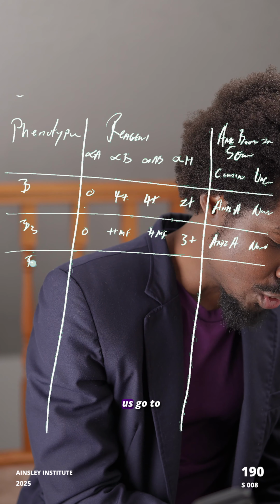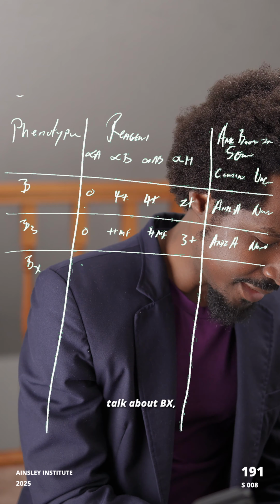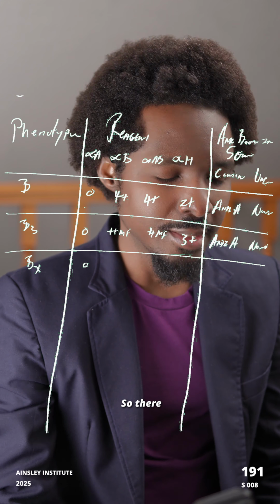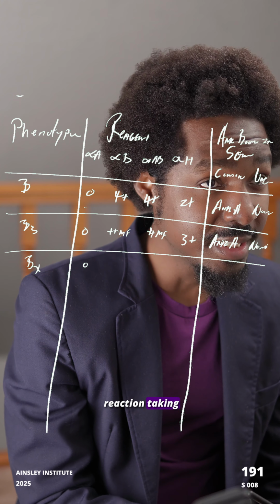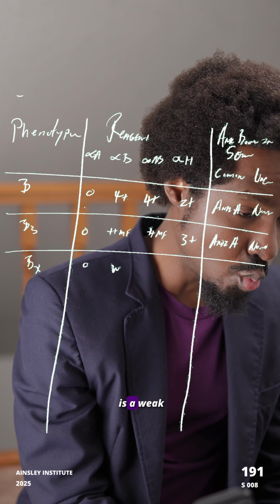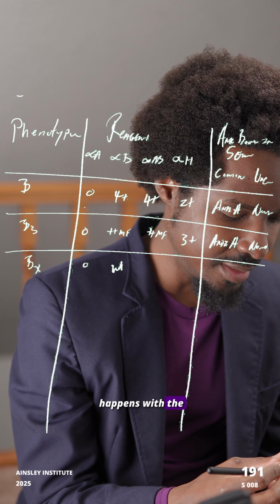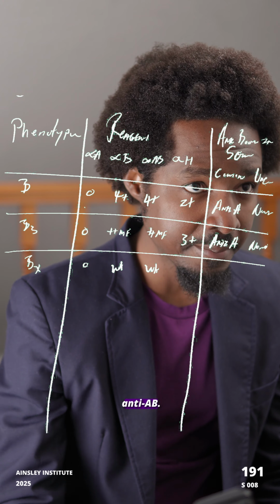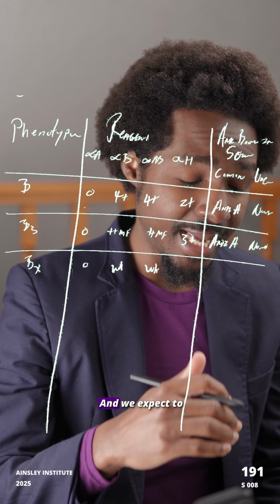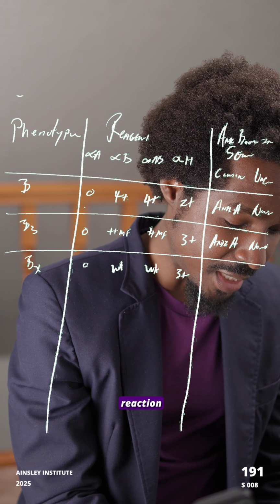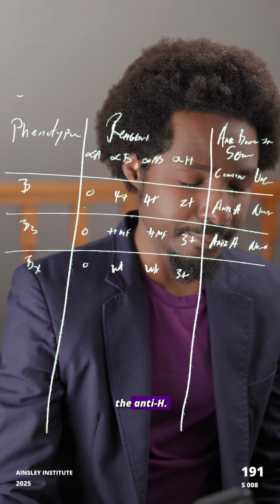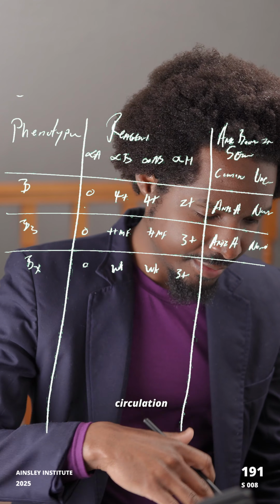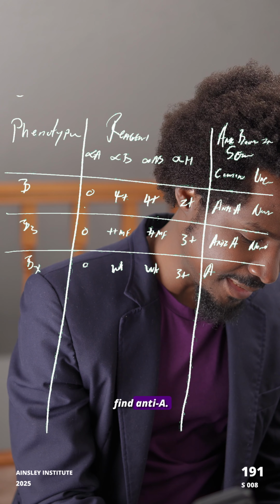Now, let's go to BX. When we talk about BX, we're talking about something that is weak. There's no reaction in the anti-A, but there's a weak reaction with the anti-B, and an equally weak reaction with the anti-AB. We expect approximately a 3+ reaction with the anti-H. In the circulation, we expect to find anti-A.